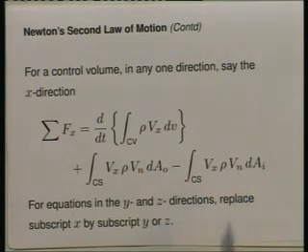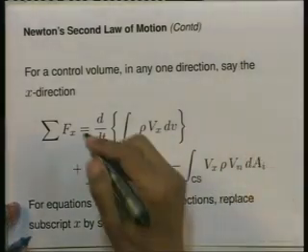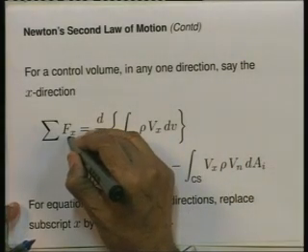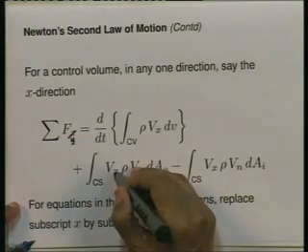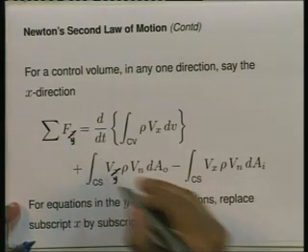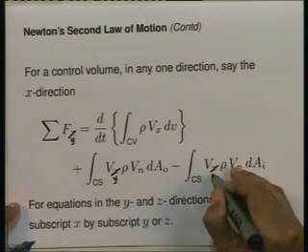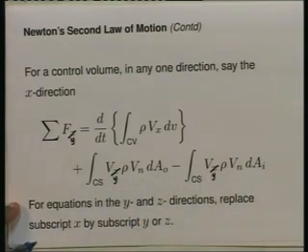Now, if I want the y direction equation, what will I do? Wherever there is an x, I will have to replace it by y. Just to show you, let us say this is the equation here. This x, if I want the y direction equation, will be summation F_y, this Vx will be Vy, this Vx will be Vy. The Vn stays the same, mind you, the Vn is giving me the mass flowing in and out.